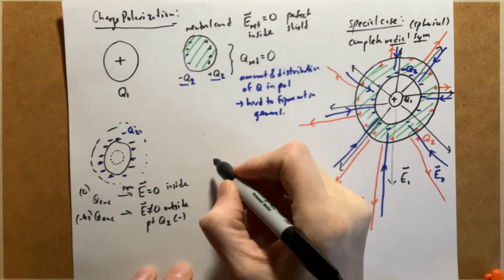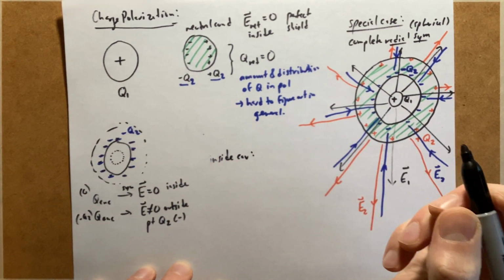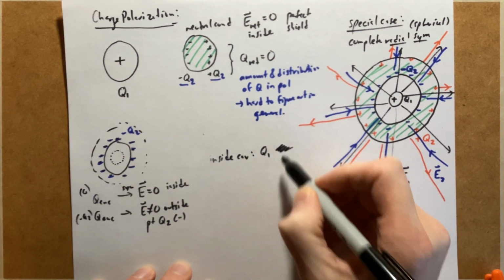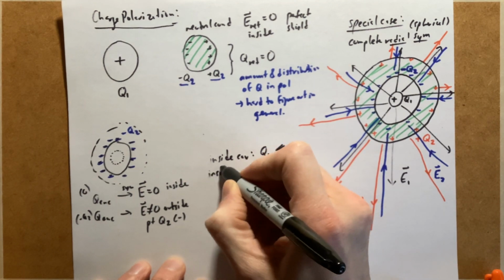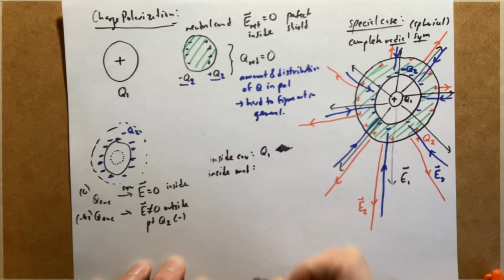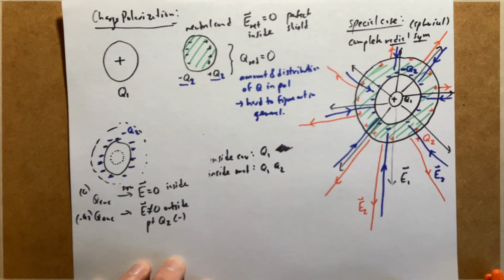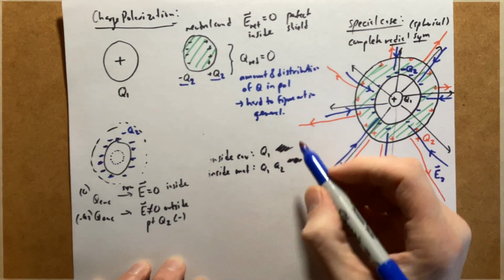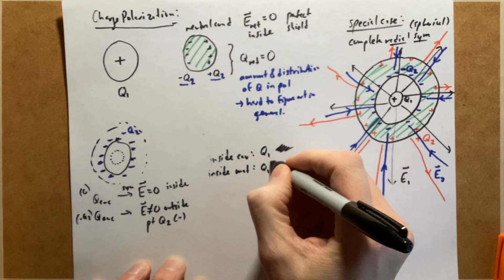Just to summarize, if you're inside the cavity, you have only Q1, so that is the black. When you're inside the material of the conductor, you have Q1 and Q2, so you have black, and then the blue picks up, and I should specify that that's the negative Q2 only.